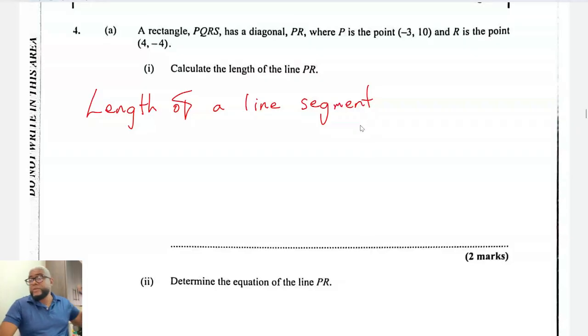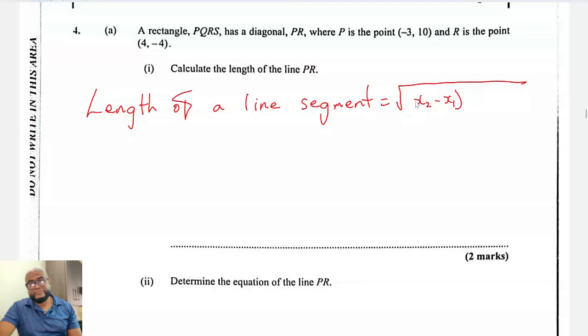Right, there we go. Somebody give me the formula, please. Square root of x2 minus x1 squared plus y2 minus y1 squared. All right, Emmanuel, big up yourself. Now, these are formulas that CSEC do not give you. You hear me? You have to learn this.